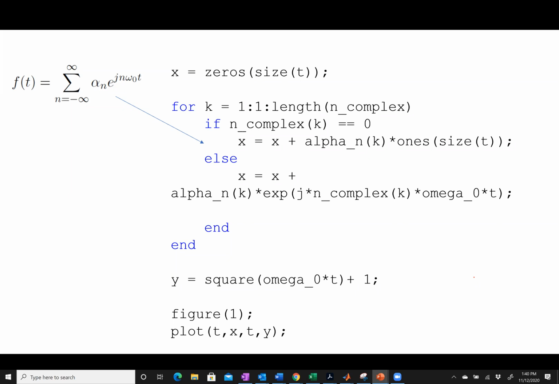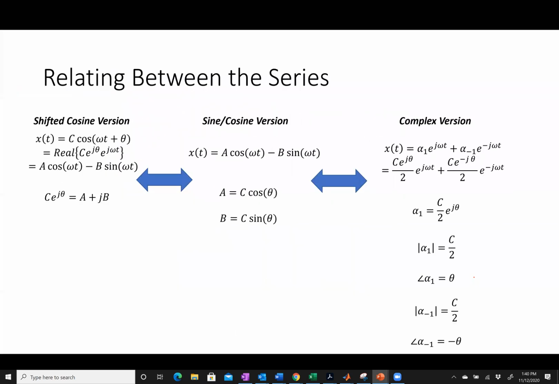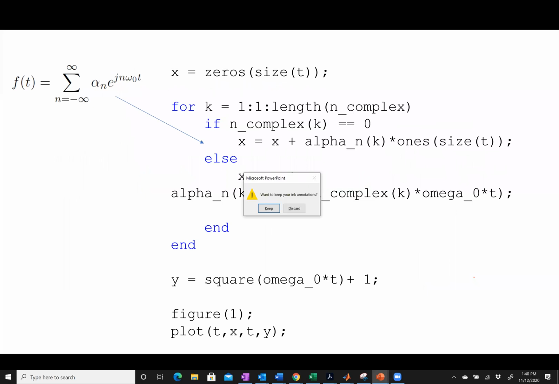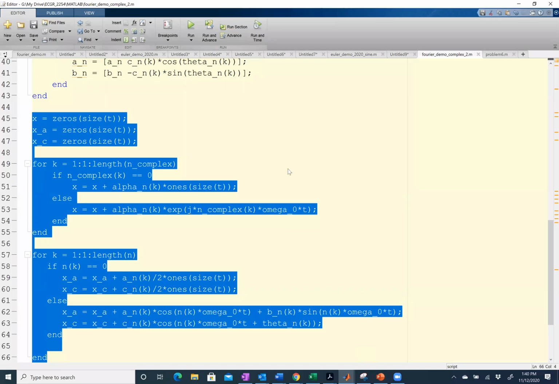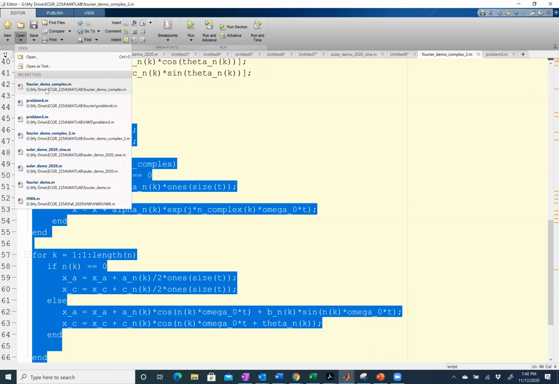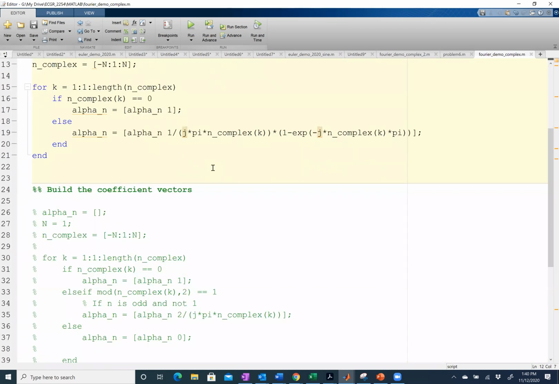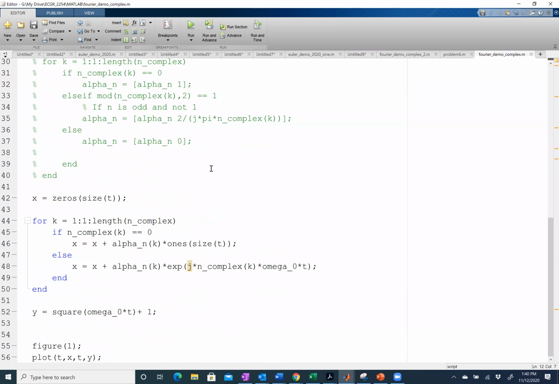I'll tell you what. Rather than look at the code, let's look at my Matlab code, and that way we can look at the output as it's created. I've got 2 versions of this. Let me look at my actual code.